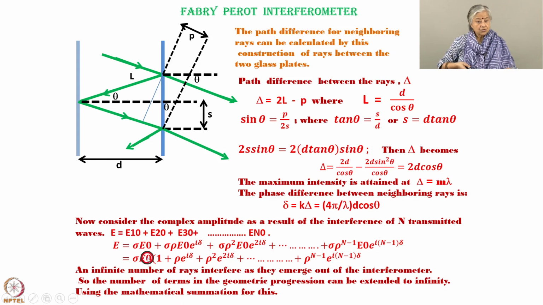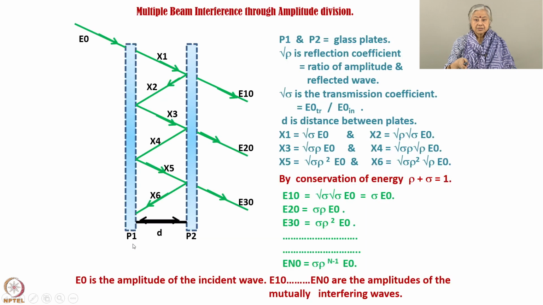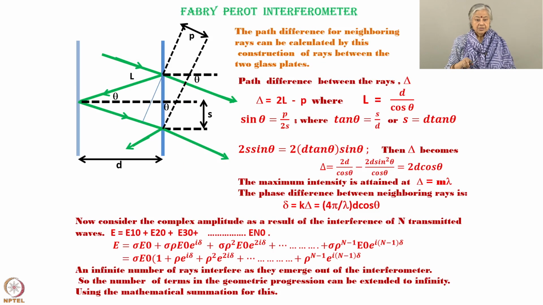So, here it is. Now, E10 I have already said is sigma E0. Sigma relates to the transmission coefficient and rho relates to the reflection coefficient. Okay. So, these are all the values which we have seen before, and E20 also we have written before, sigma rho E0 e to the power i delta.